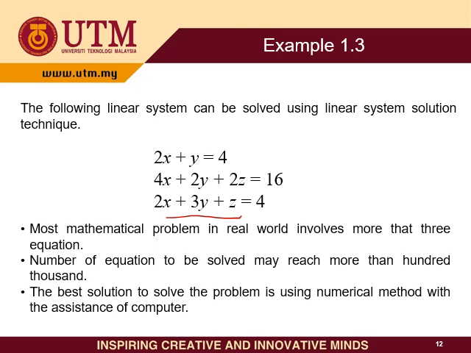You can have 4, 5, more than 3. The number of equations to be solved may reach more than 100,000. And you can also have, let's say, x1, x2, x3, x4 until x10 maybe. So you have too many linear systems that you need to solve. The best solution is to solve the problem using numerical method with the assistance of computers.